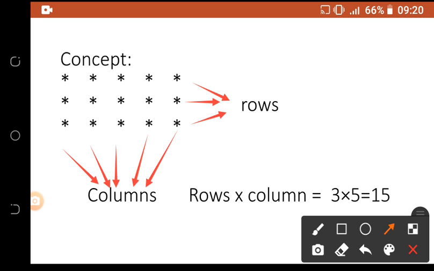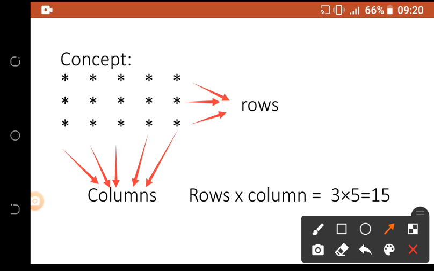But we can also say there are 3 rows and 5 columns. It means exactly the same thing. To get the number of stars in this arrangement, the number of rows is multiplied by the number of columns. So 3 times 5 is 15.